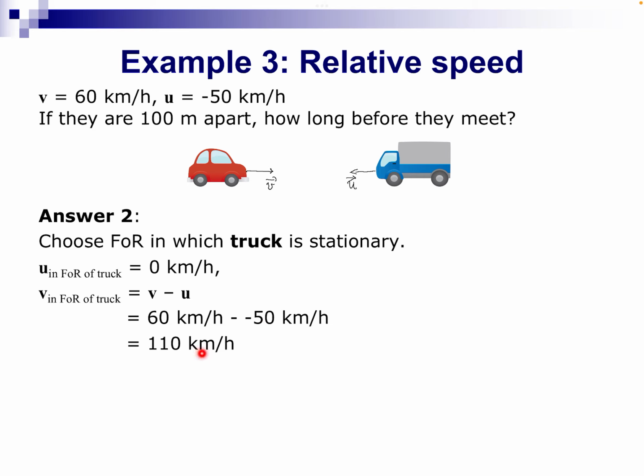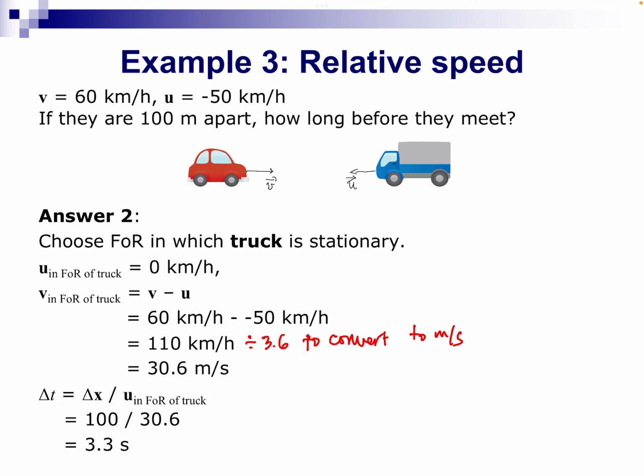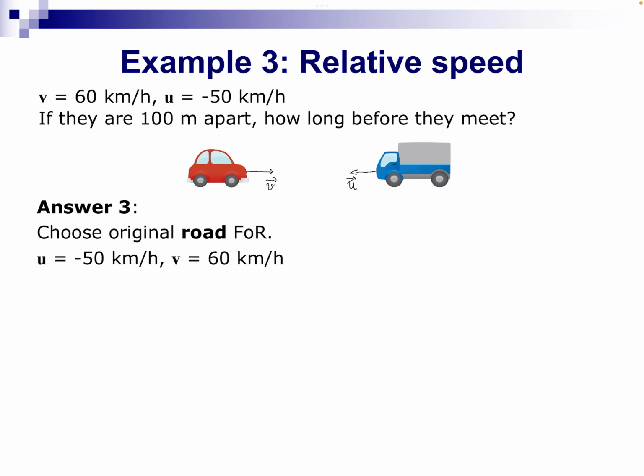So that will be 110 kilometers per hour. Again, divided by 3.6 to convert to meters per second, giving you the velocity of the car in the frame of reference of the truck to be 30.6 meters per second. And similarly, if you calculate for the time, you will arrive at the same time, 3.3 seconds.